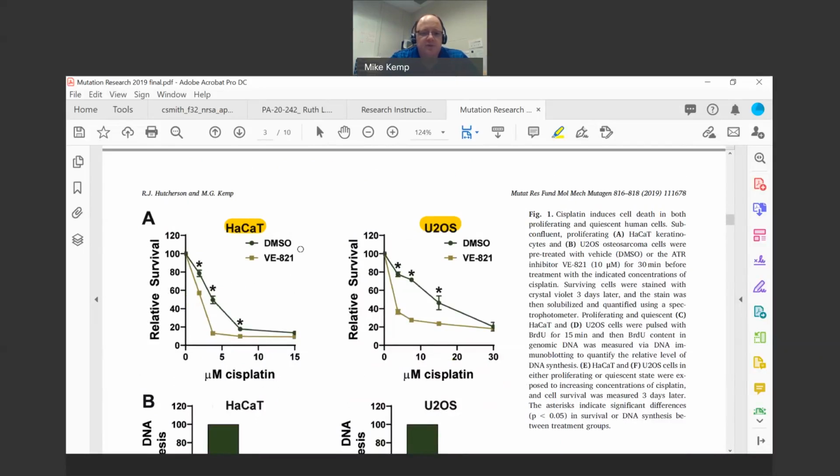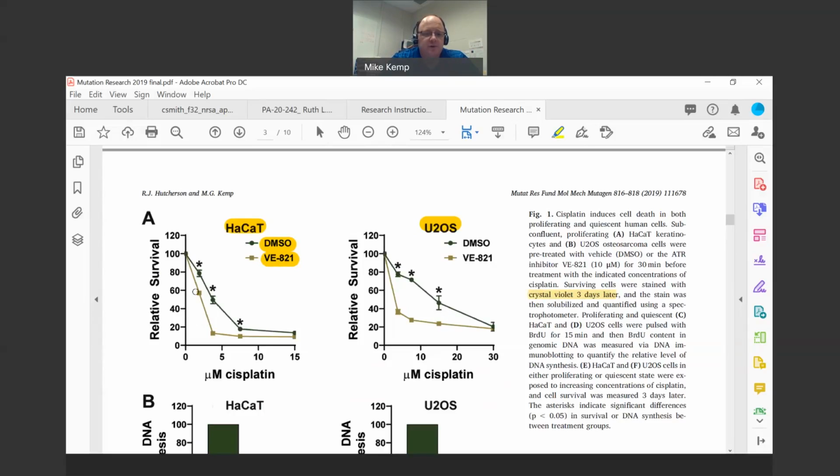And so what we did was to pre-treat cells with vehicle DMSO or the ATR inhibitor VE821, a very well characterized, highly specific inhibitor of the ATR kinase. So pre-treat the cells with either vehicle or ATR inhibitor, then expose cells to increasing amounts of cisplatin. And then 2 to 3 days later, or 3 days later here, cells were stained with crystal violet, which is a way of staining cells that remain on the plate and are likely viable.